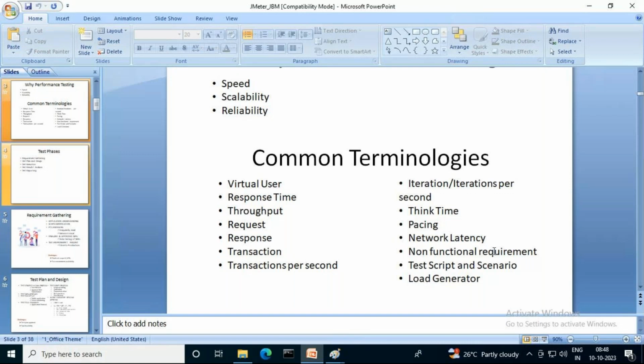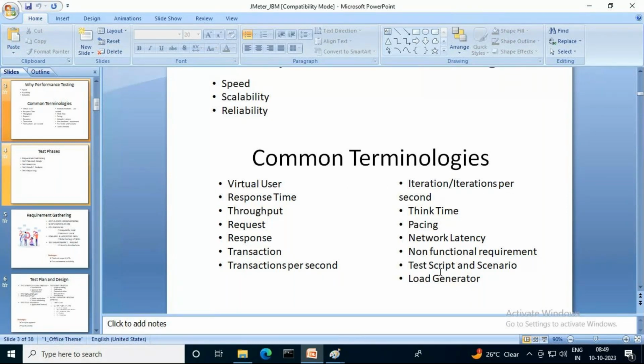My application should achieve a TPS of 200 with 50 users. My application should be resilient. My application should follow the different security standards. These are all examples of non-functional requirements, like browser compatibility, app accessibility. So what you have to test is given as part of the non-functional requirement.